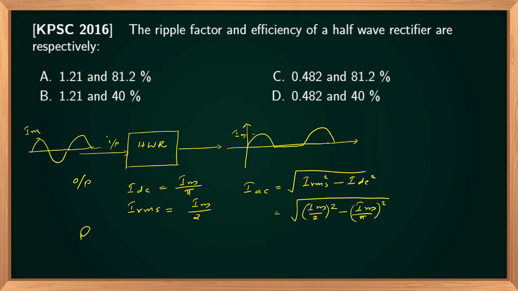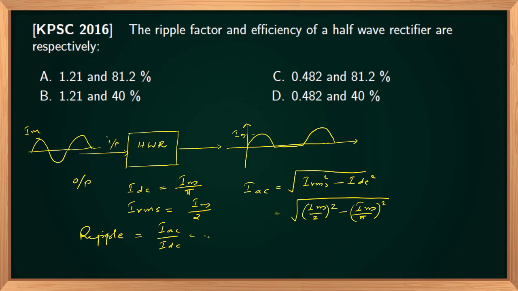Ripple factor is defined as the ratio of the RMS value of AC current to the DC current at the output. So IAC by IDC, where IAC is the RMS value of AC current divided by the DC component of current.